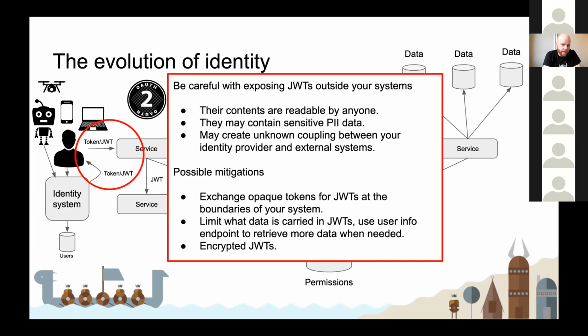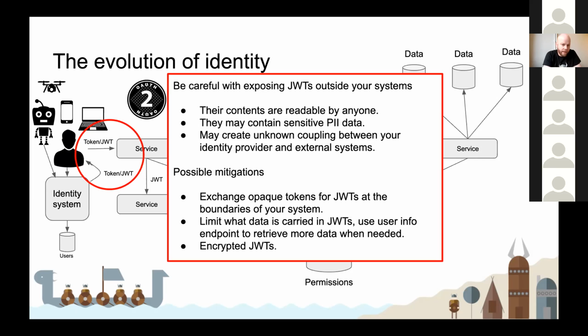And while we want this for our services, these JWTs could of course contain sensitive data, personally identifiable information, for example, that we might want to use in our services for access control, or for logging, for debugging, or what have you. But it might not be information that we want to share with the user.